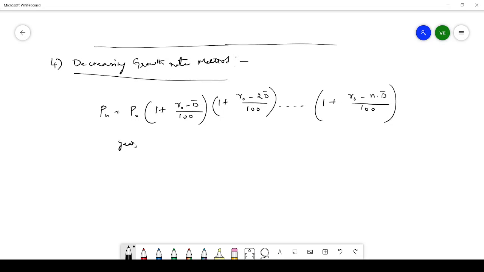As usual, let's take year in the first column and population in the second column. In 1960, the population is 55,500. In 1970, 63,700.